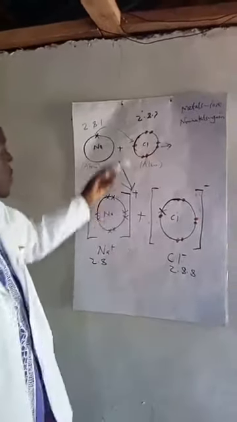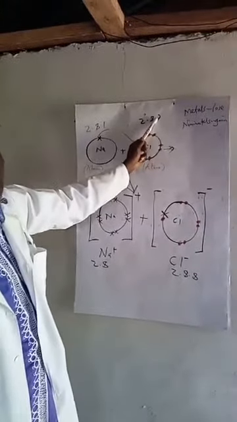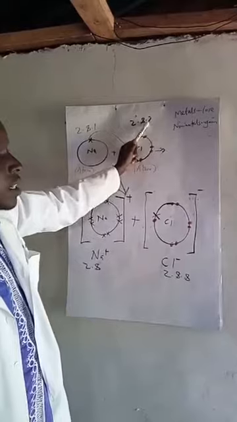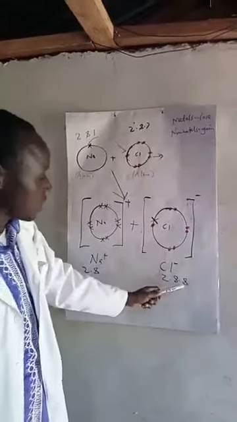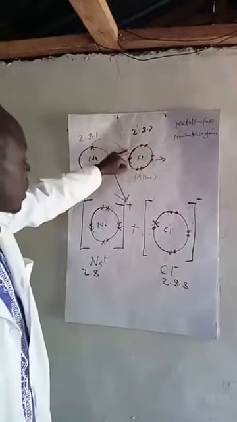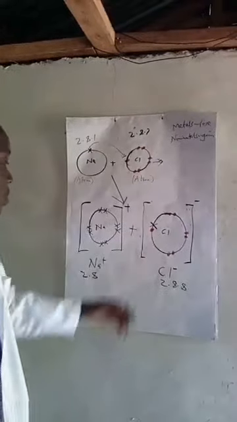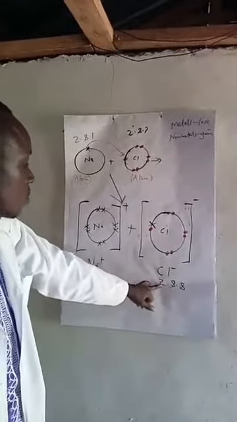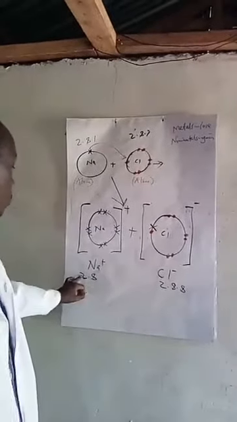Chlorine has 7 electrons in the outermost energy level, so it does not lose. It gains 1 electron in order to be stable. Sodium loses 1 and chlorine gains the same. That's why this is 2,8,8 and this one is 2,8.